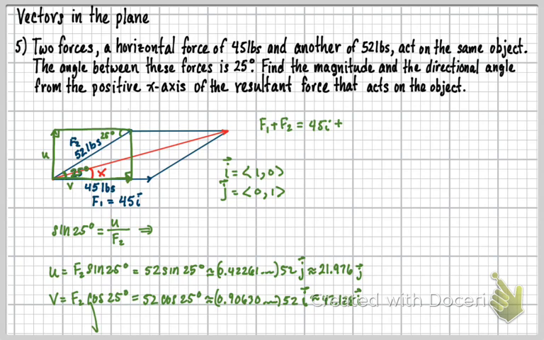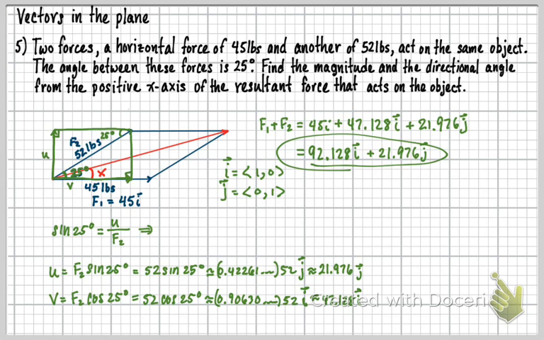Okay, so that's going to be, and there they are, because it's going to be both those together. And then I can add my I components here. This first one is really 45, 0, if I think about it in terms of standard position vector. That's what it would be. So I would really just be adding the 45 with the 47. That's what we're going to do here. Okay, so there's our resultant force here.